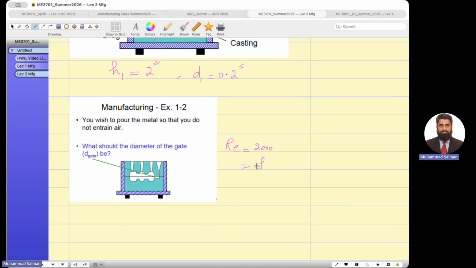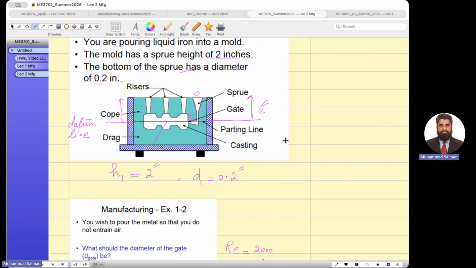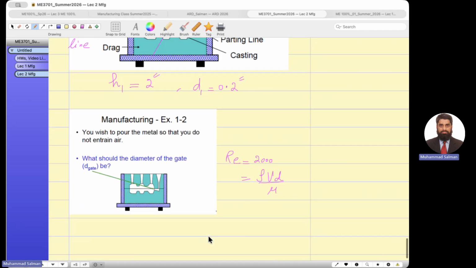And what is the Reynolds number? Rho V over mu. Now let's try to understand. This is point one and this is point G. I'm going to start the problem with Bernoulli's equation.